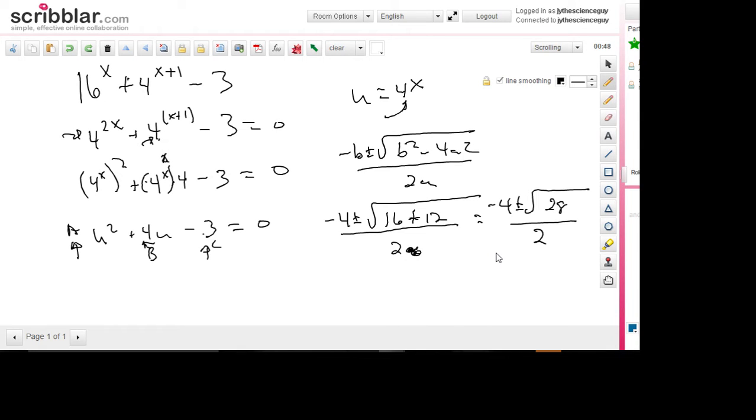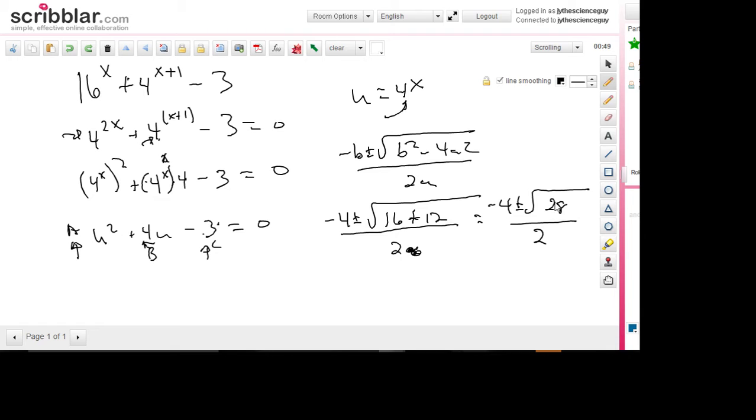Andrew, you with me? I'm with you, but I don't know how you got the 28. What is 16 plus 12? Oh, okay. I got a subtraction for some reason. The negative 3 times the negative 4 makes it a positive 12. Okay, I got it. Because c is negative.